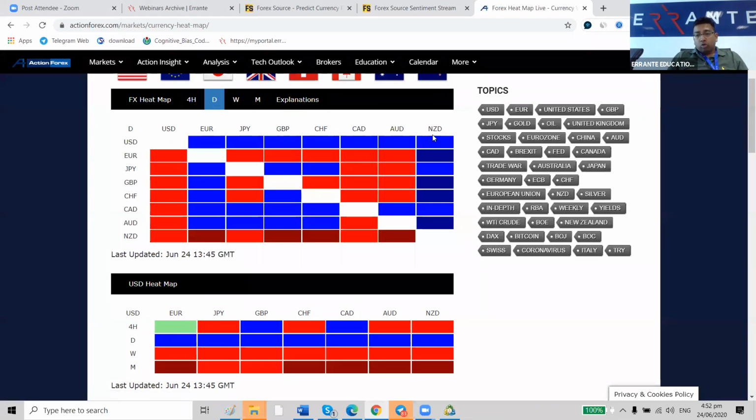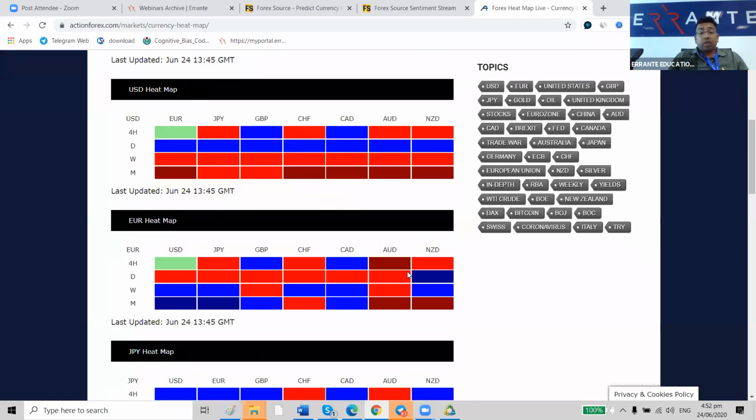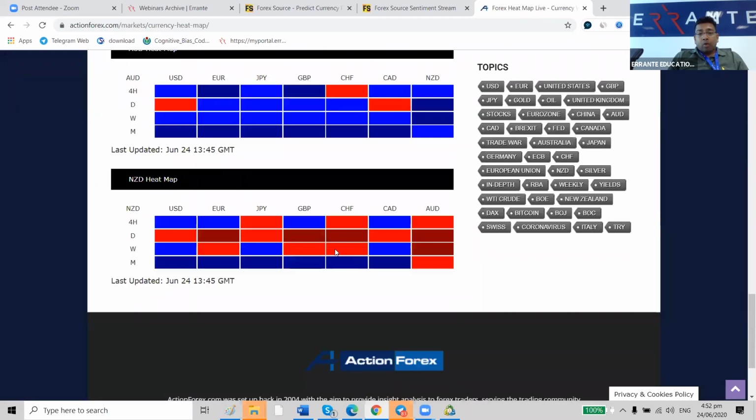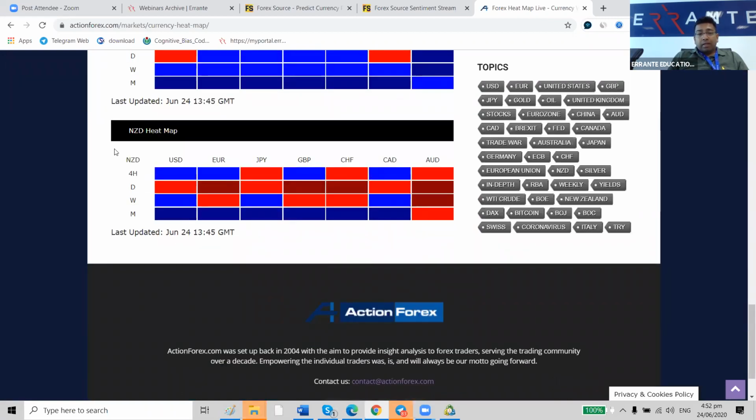We have got loads of blue, dark blue and all that here under NZD. What this means is that most of the pairs here are stronger than NZD. That actually means NZD is really weak. So if we go to NZD specifically, we can see that NZD is really very weak against the AUD, because you've got red and dark red.